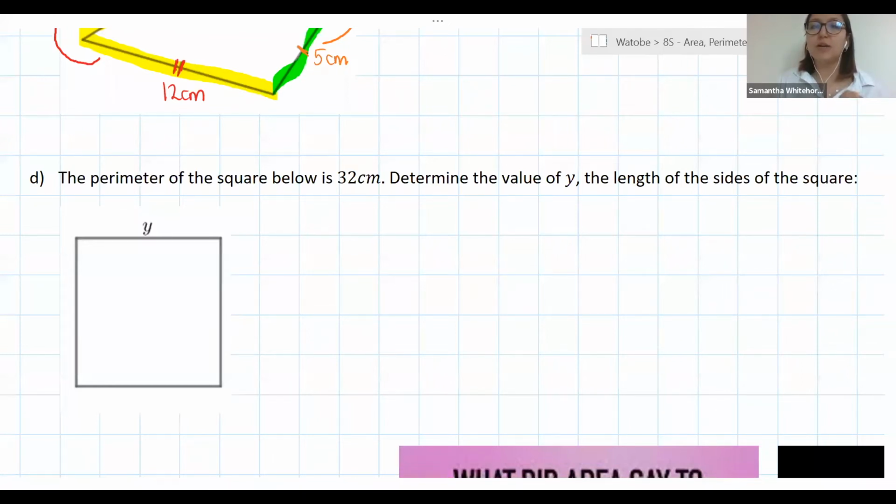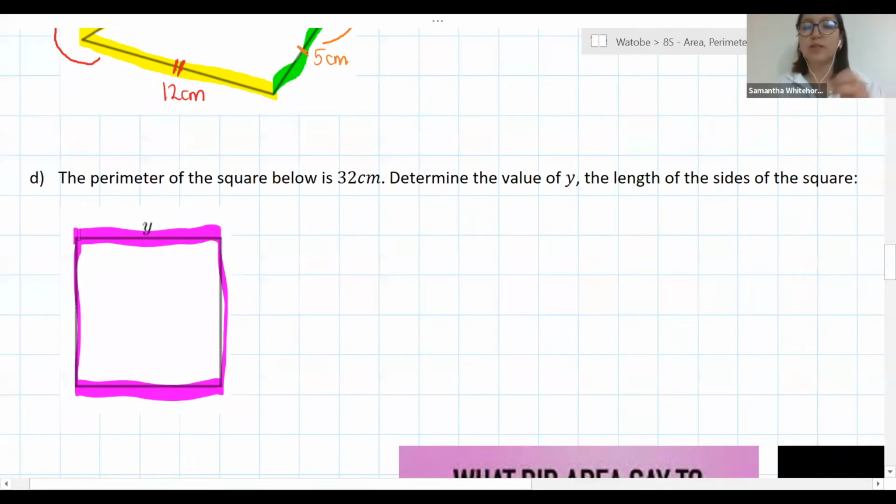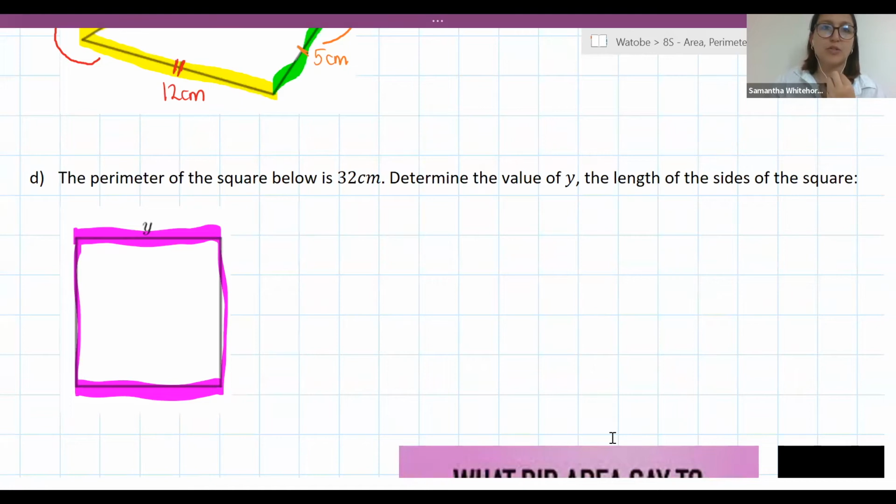So basically I'm giving you the whole perimeter, and I'm telling you that it's 32 centimeters. I want to know what the length of one side of the square is. So I want you to give it a try. I'm going to give you a minute or two to see what you can get, and then we'll go through it.